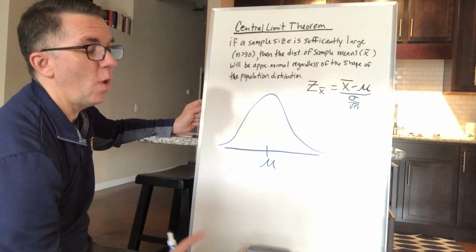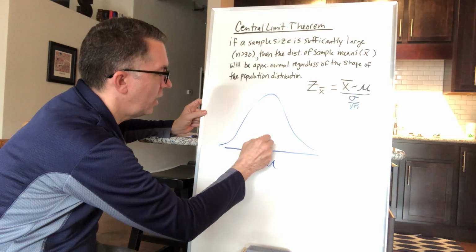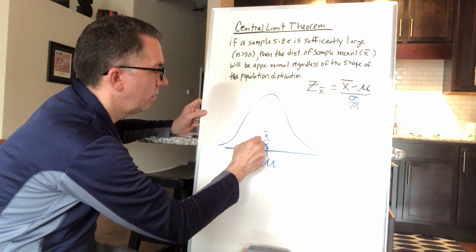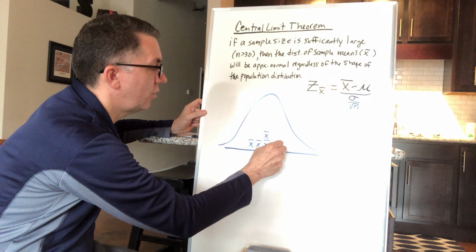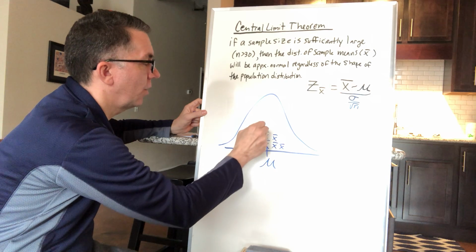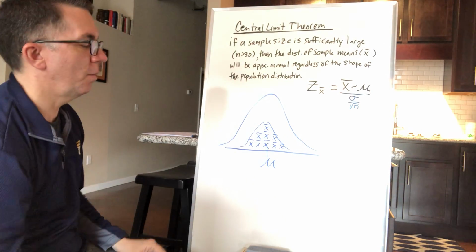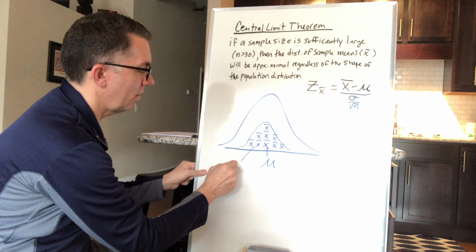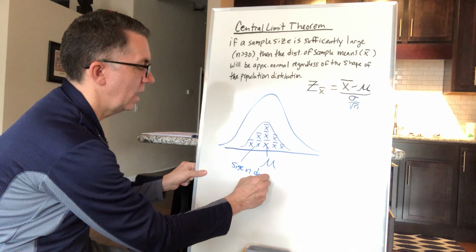It doesn't matter what my sample size is, the sample means will always be approximately normal. So when we don't know the shape, or if the shape is weird, then I have to have at least 30. But if the population is already approximately normal, the size does not matter. Size n does not matter.